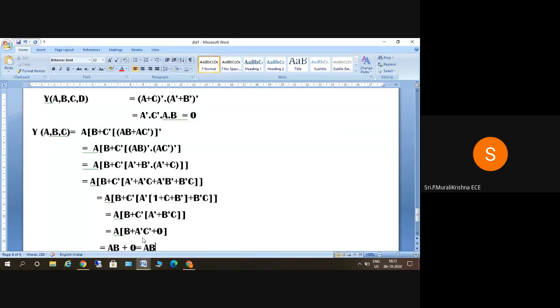So what I get here, A bar is equal to 1 plus. So any mistake there? Please let me know, or else the answer is correct. Correct enough?